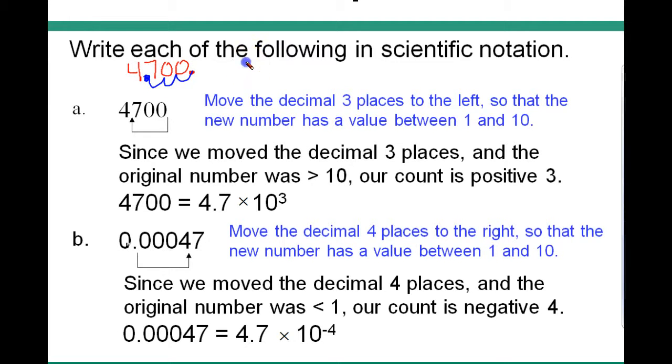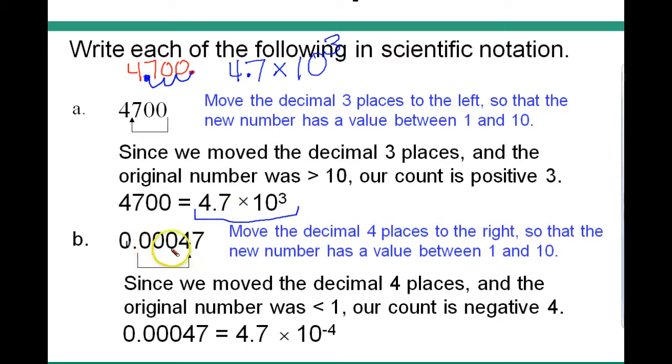We now get the number 4.7, and then we multiply it by some power of 10. And how many decimal places did we move it? We moved it to the left 3 places. So it becomes 10 to the 3rd. And there is your answer in scientific notation.